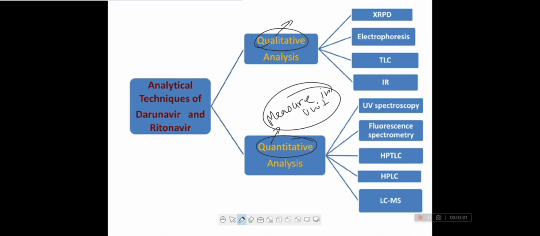Qualitative includes XRPD, electrophoresis, TLC, IR, infrared. These four techniques are qualitative. And in quantitative: ultraviolet spectroscopy, fluorescence spectrometry, HPTLC, HPLC, LCMS. Spectroscopy comes under quantitative, electrophoresis comes under qualitative. So remember this.